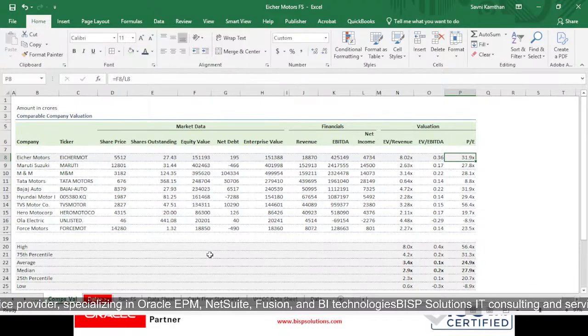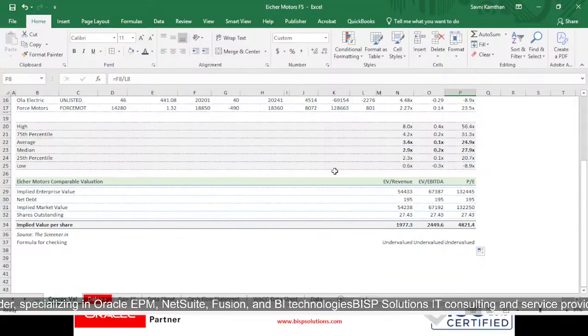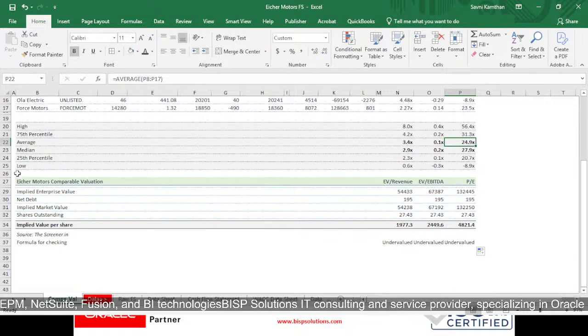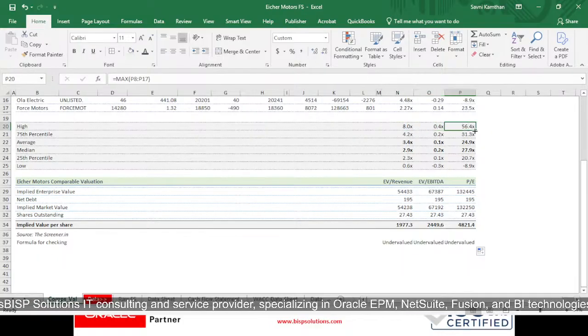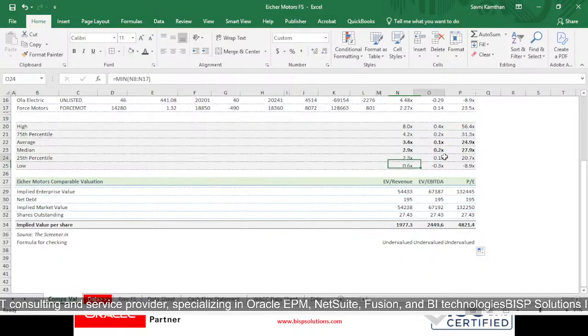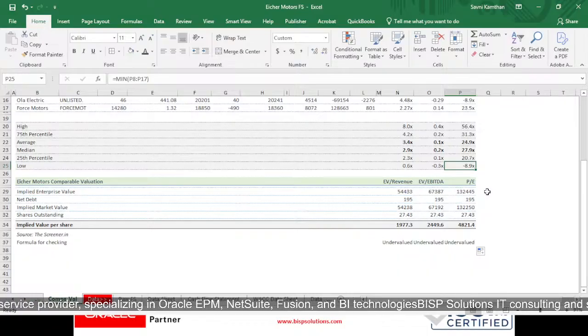Our peer average is around 3.4x, 0.1x, and 24.9x. Peer median is 2.9x, 0.2x, and 27.9x. Peer high is 8.0x, 0.4x, and 56.4x. And our peer low is 0.6x, minus 0.3x, and minus 8.9x.